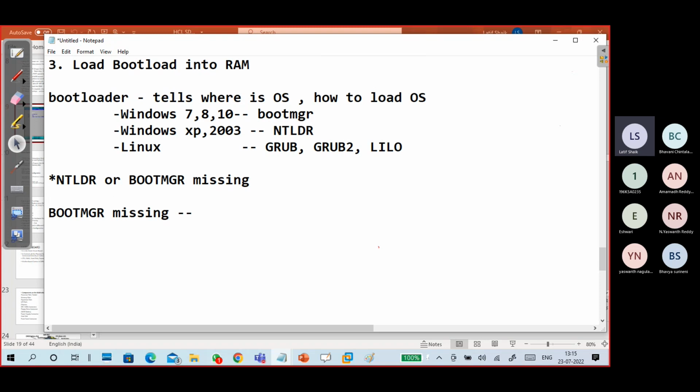The meaning is it is unable to locate the MBR or boot MGR file.